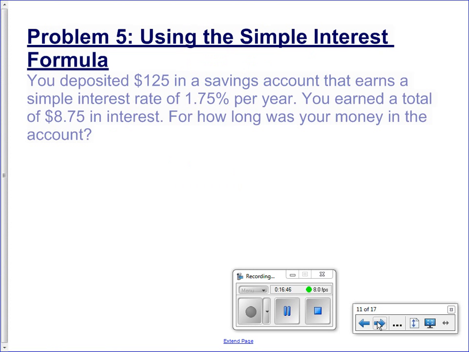So problem 5, using the simple interest formula. You deposited $125 in a savings account that earns a simple interest rate of 1.75% per year. You earned a total of $8.75 in interest. For how long was your money in the account? Let's start off with our formula. Interest equals principal times rate times time, and let's fill in the pieces that we know. We earned a total of $8.75 in interest.